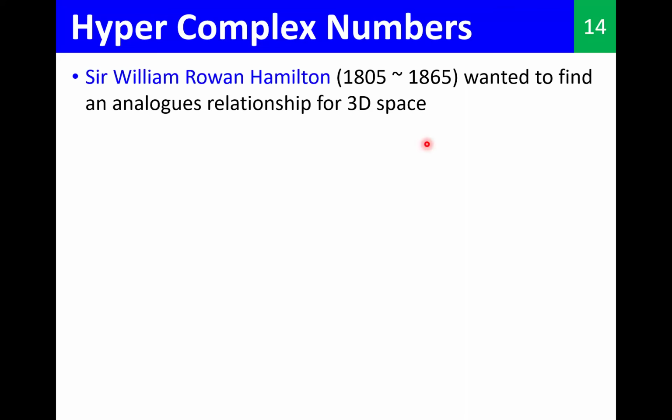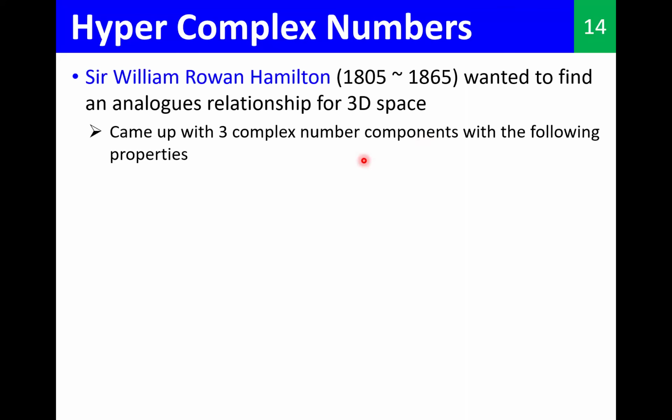Okay, so he came up with these properties. These are called Hamilton special properties. And so we already know i squared equals -1. So he proposed, okay, there should be two more dimensions into complex numbers where we have a j-axis and a k-axis.